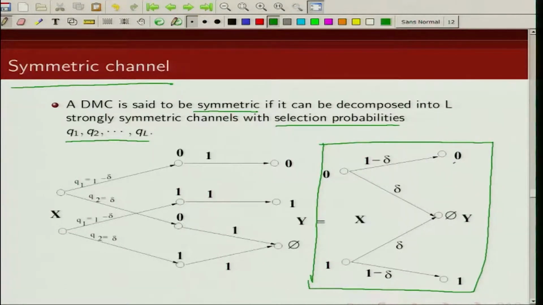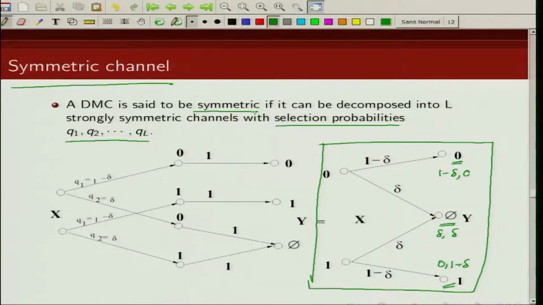If I consider this output, my probabilities are 1 minus delta, 0, 0, and if I consider this particular output, my probabilities are delta, delta, and if I consider this output, my transition probabilities are 0 and 1 minus delta.